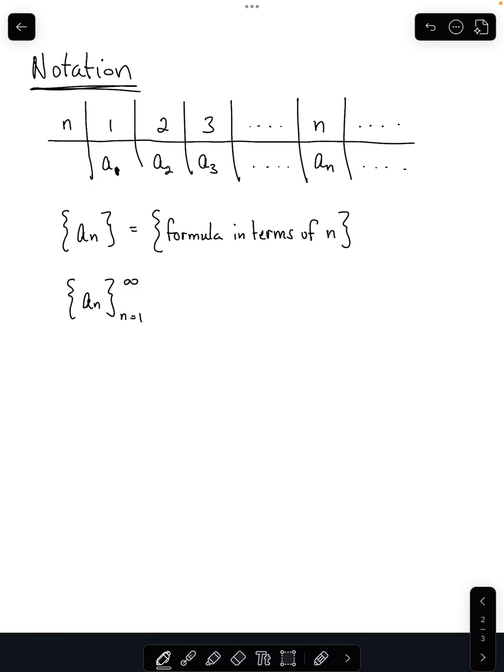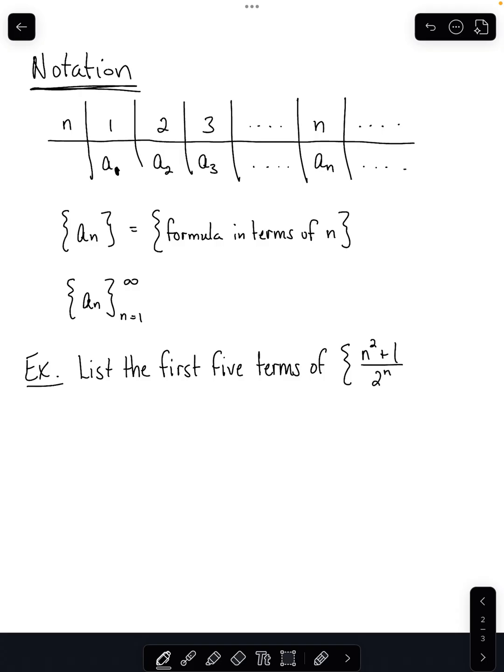An example of this might be something such as this, to list the first 5 terms of the sequence defined by the formula n squared plus 1 over 2 to the n.